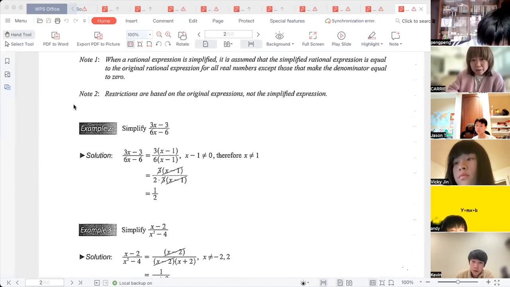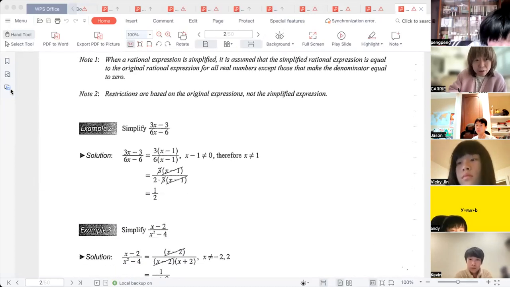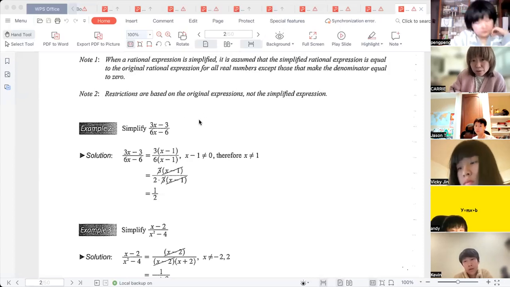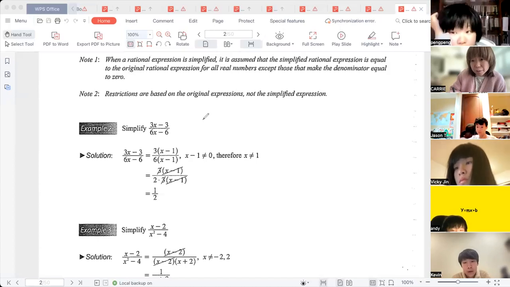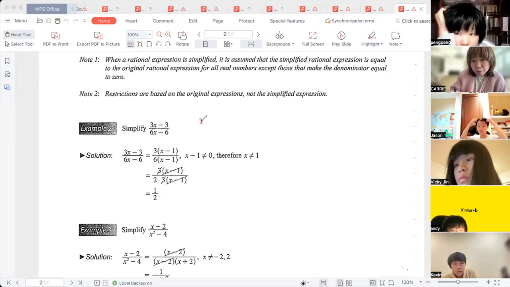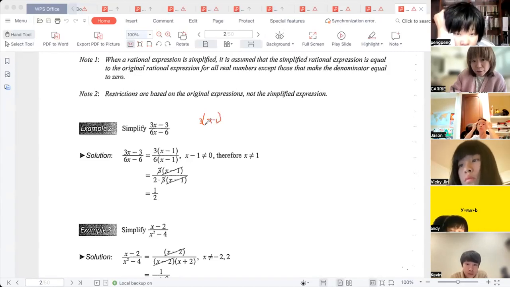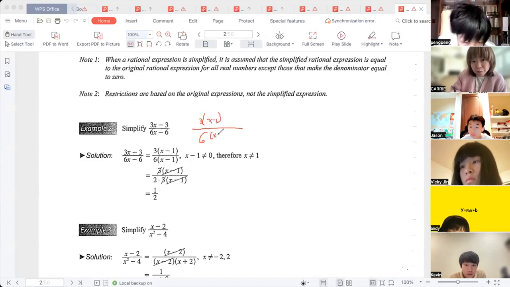We have 3x minus 3 over 6x minus 6. How do we do this? We can simplify by taking the common factor from both the numerator and denominator, right, Andy? So 3 times x minus 1 over 6 times x minus 1.